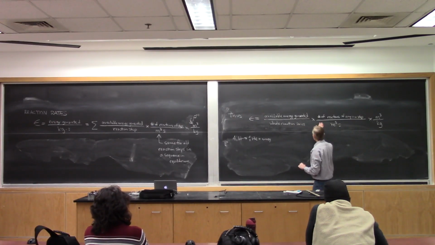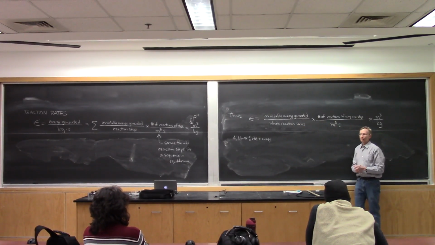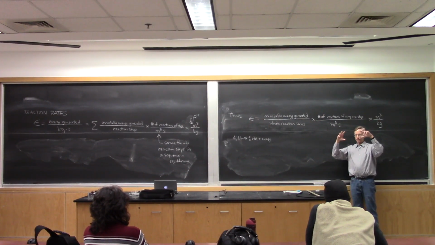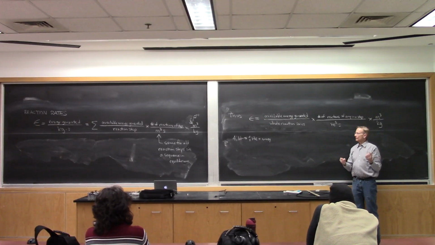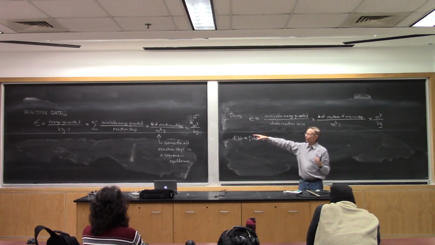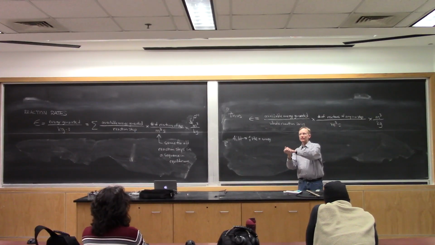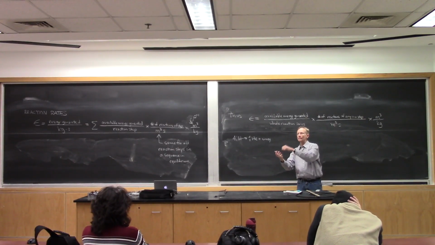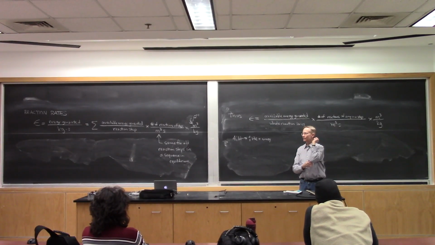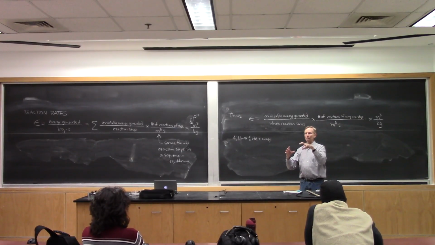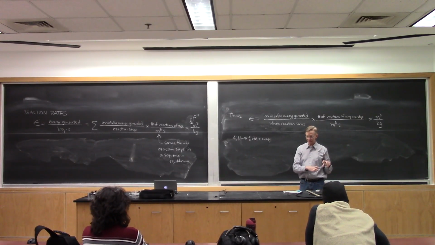And since all of the steps are happening at the same rate, then instead of having to write that out all separately, how much of this step is happening times how much energy it's generating and all that sort of thing, everything's happening at the same rate, and so therefore I can just say the whole sequence is happening at the same rate that any one step of it is.